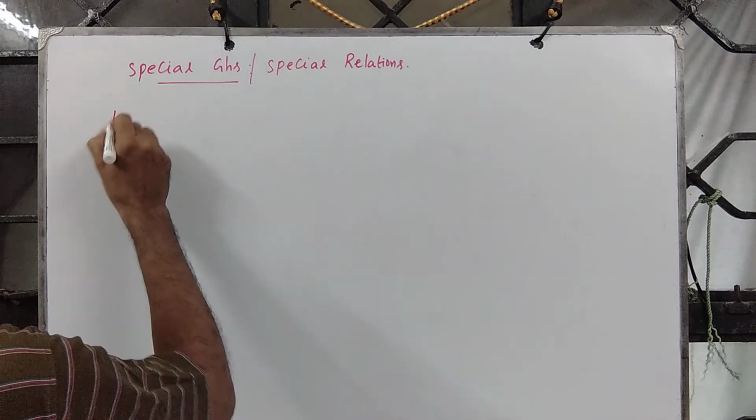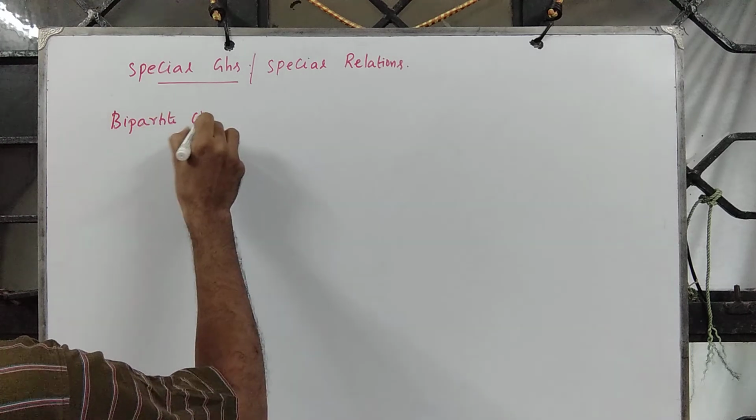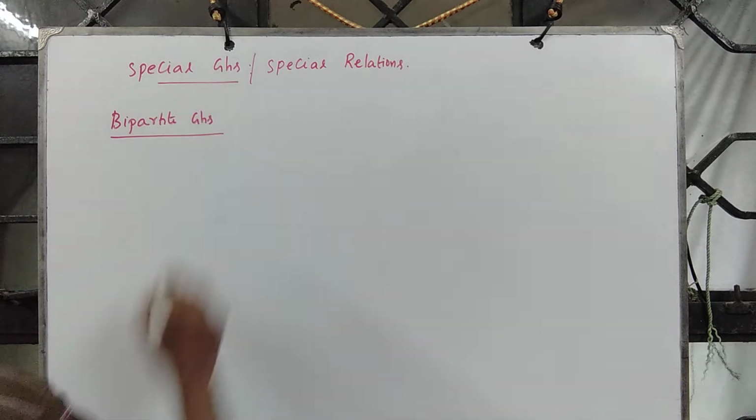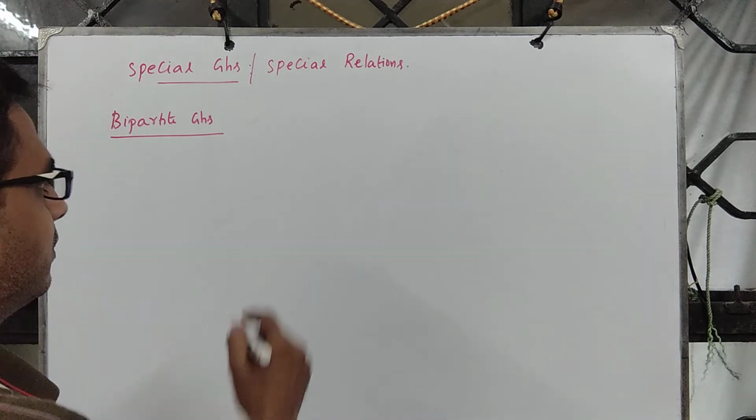What are bipartite graphs? As the name suggests, bipartite, so bipartition, bi means two, so there are two partitions.